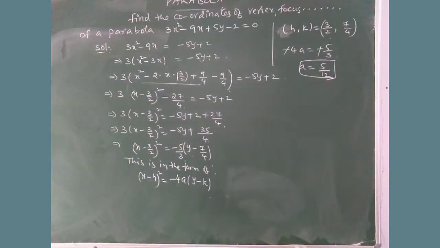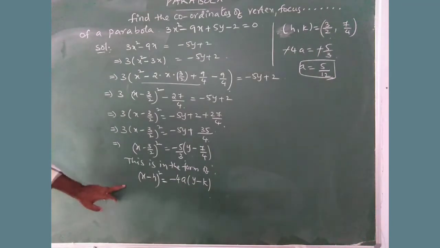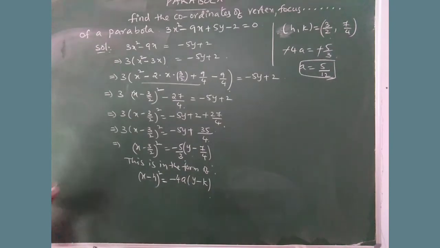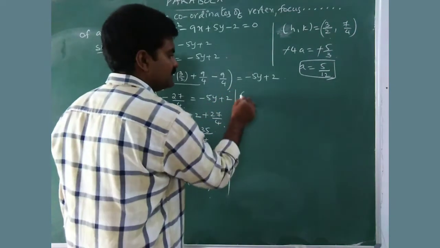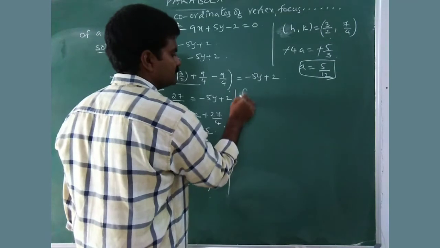Now we want to write the focus. What is the focus of this model? x minus h whole square is equal to minus 4a into y minus k. Hence the focus is nothing but focus.